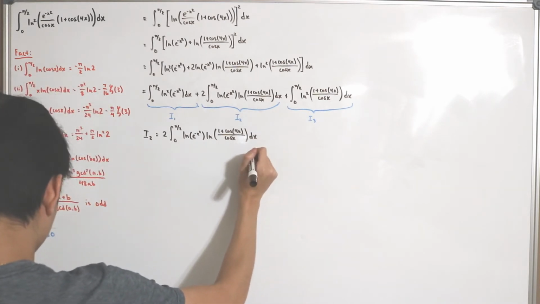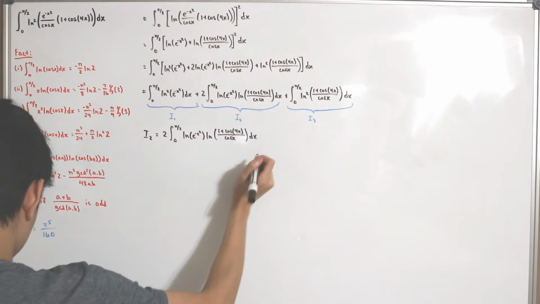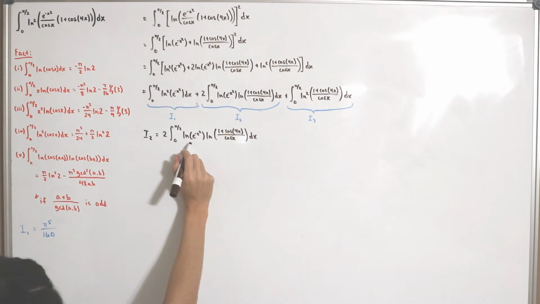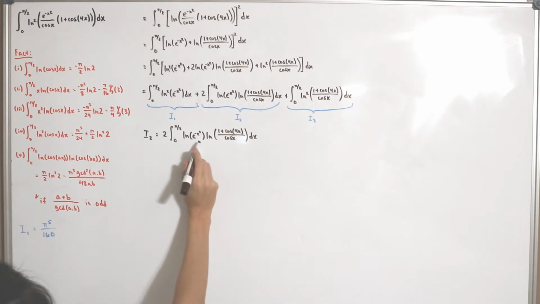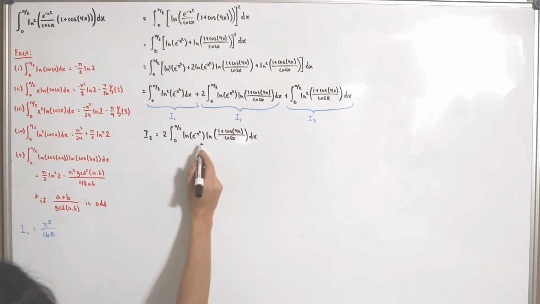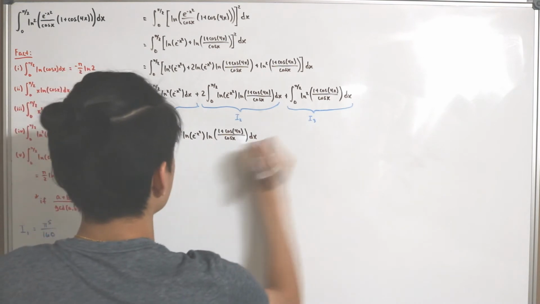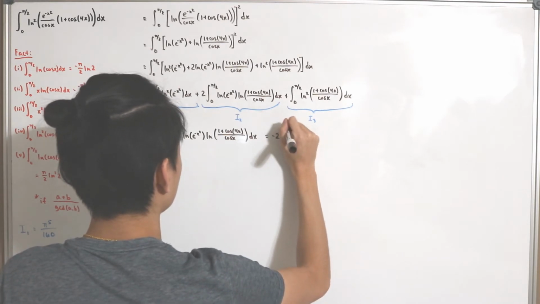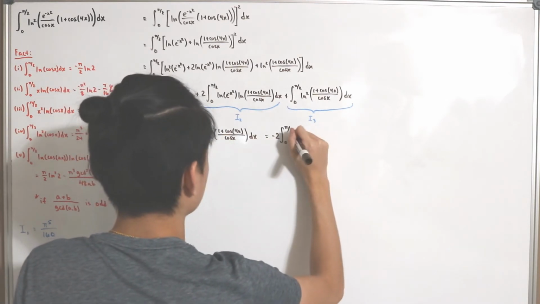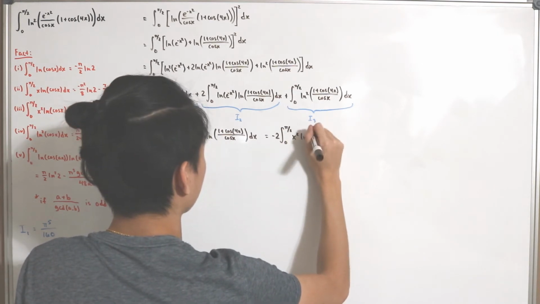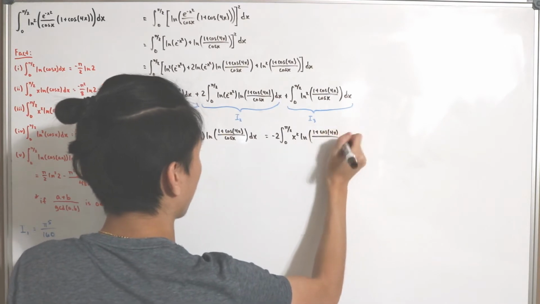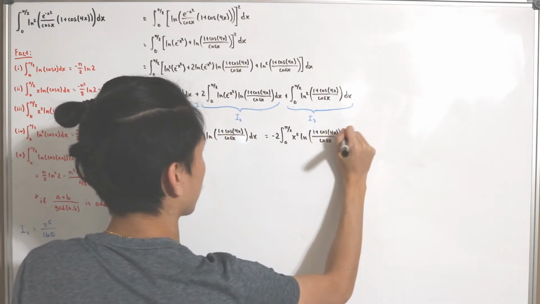All right, and so notice that the natural log of e will cancel, so we just get negative x squared. But instead, how about I factor out the negative, so the negative is outside the integral, so we get negative 2 times the same integral, well, now we have x squared, then multiplied by ln of (1 plus cosine of 4x) divided by cosine x dx.